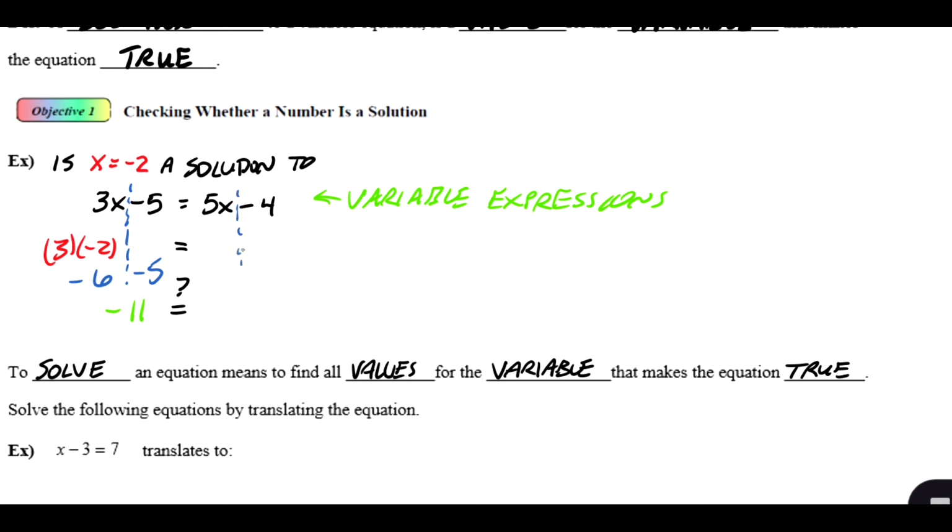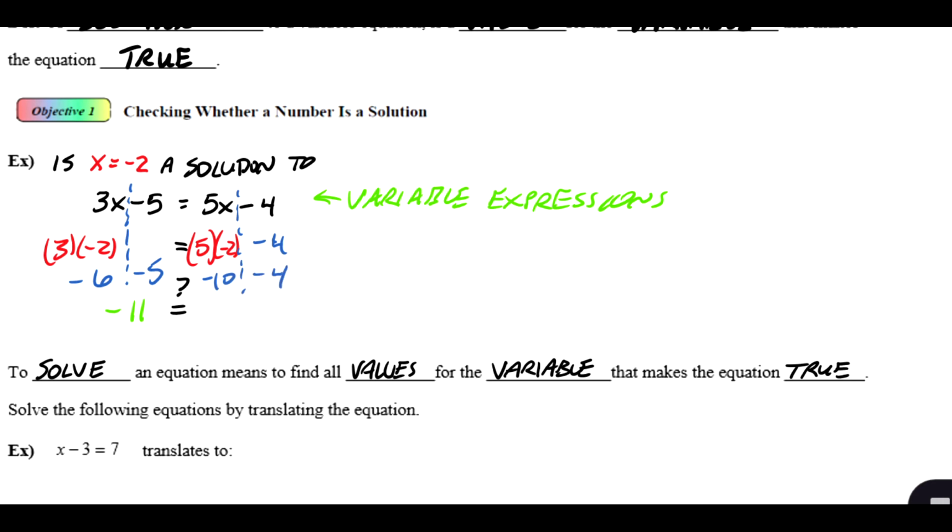I have two terms. 5x has factors of 5 and the factor of x, which is negative 2. The other term is negative 4. So I get 5 times negative 2, which is negative 10, and negative 4.